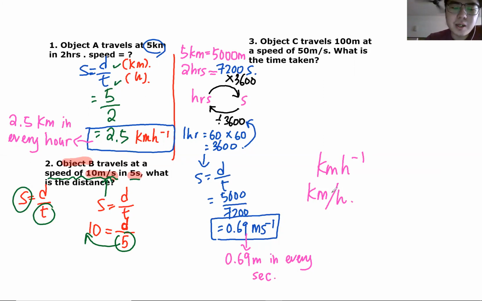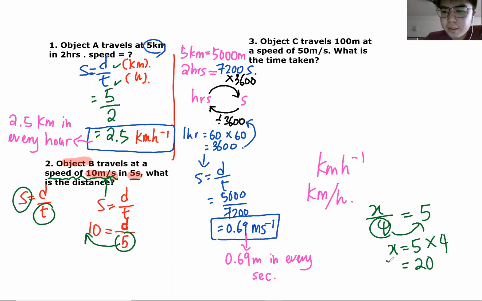Have you learned about the linear equation? Moving from the left side of the equation to the right side. Have you learned that in your mathematics class? Maybe you can let me know, so that if you haven't learned it, maybe I can spend some time to teach you that. For example, x over 4 equals 5. To find x, you move this 4 over to the other side, so you get x equals 5 times 4, 20. Have you learned about this one?